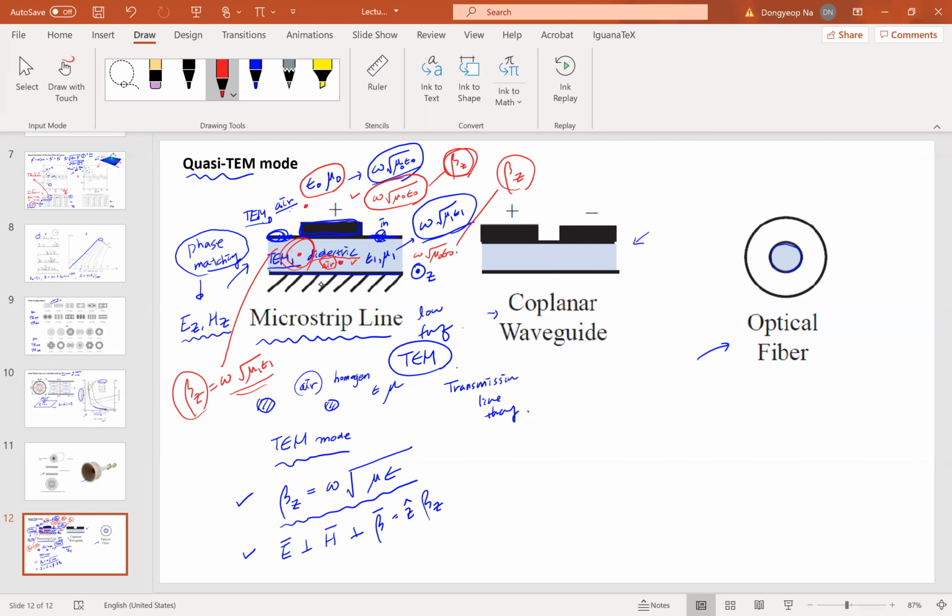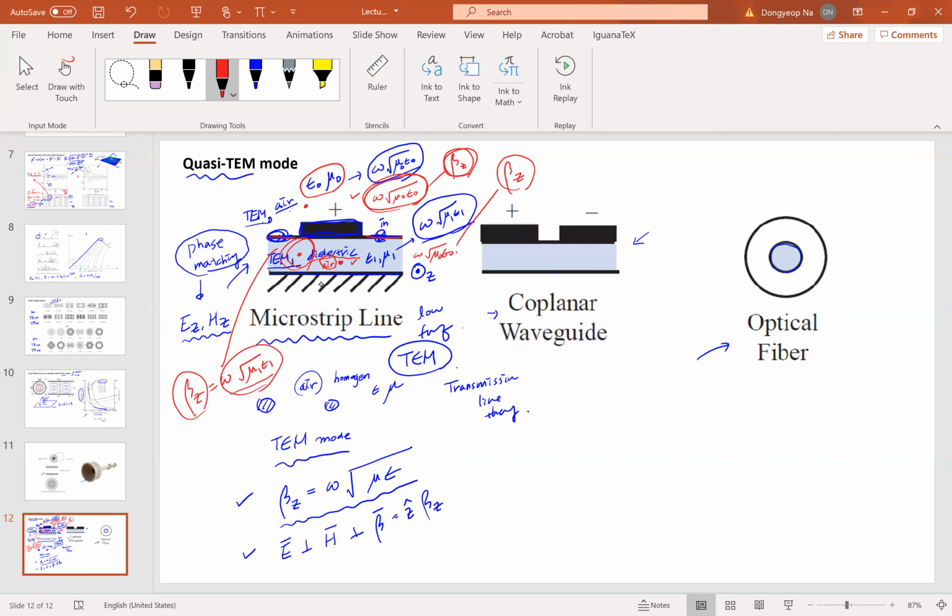This and this are different, so that at this interface, there should be phase mismatching.